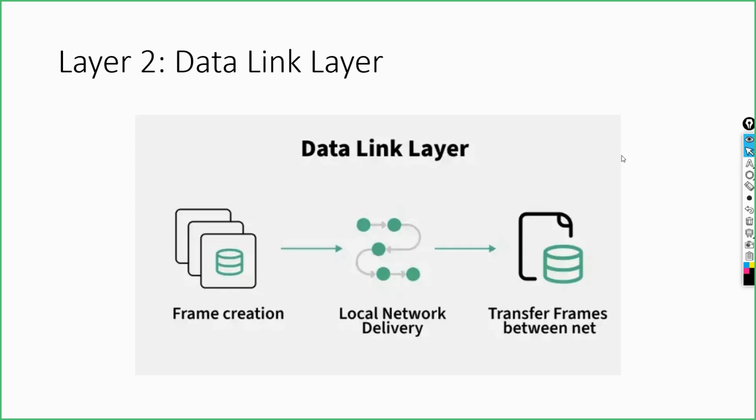The responsibilities of the data link layer, as you can see on the screen, are frame creation, local network delivery, and transferring frames between nodes. All this we are going to understand one by one. The data link layer is responsible for the delivery of the message, and the main function of this layer is to ensure that whatever data is transferred is error free.